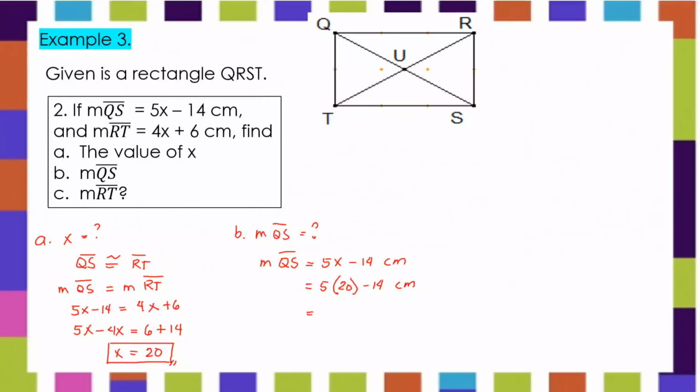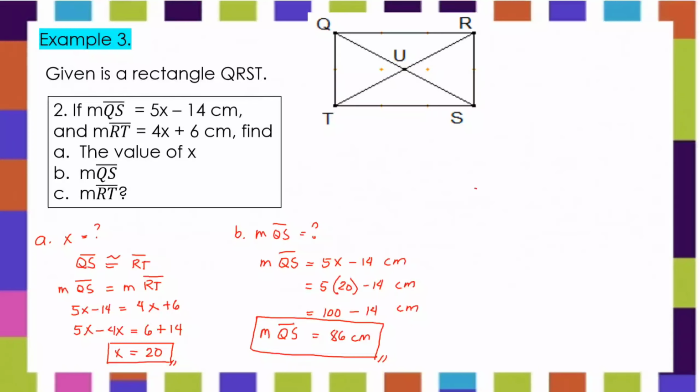So, we have 5 times 20, this will give us 100 minus 14 centimeters. So, if we're going to subtract 100 and 14, we can now get that the measure of diagonal QS is equal to 86 centimeters. So, this is now the measure of diagonal QS. So, that's for letter B.